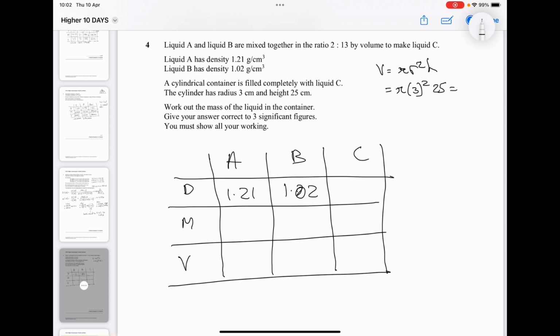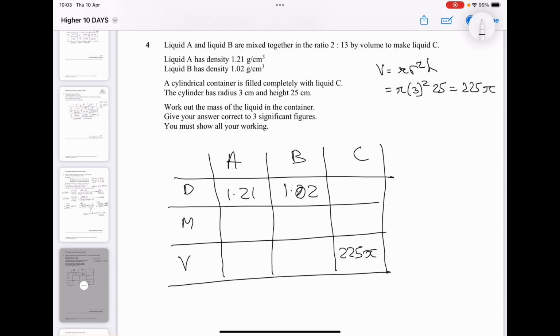So I've got shift pi 3 squared, times 25. Yep, so that gives me 225 pi. To be perfectly honest, leaving it in terms of pi saves me messing around with the decimal. So I'm just going to put 225 pi.